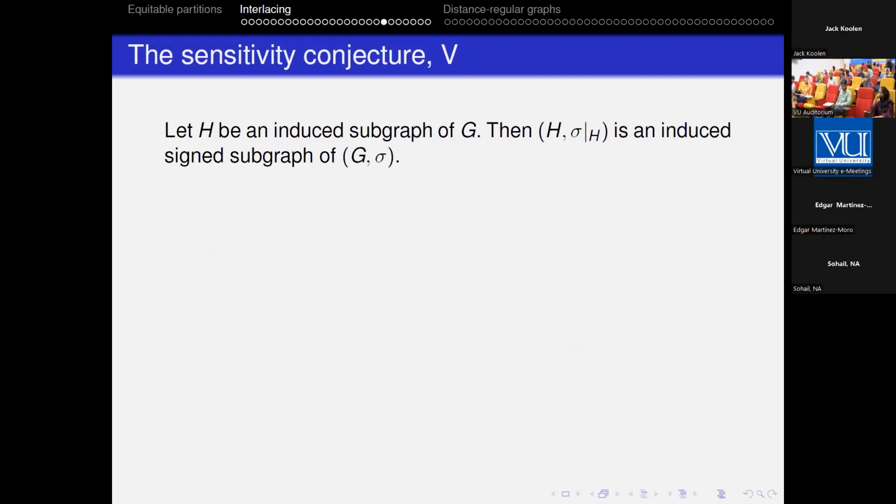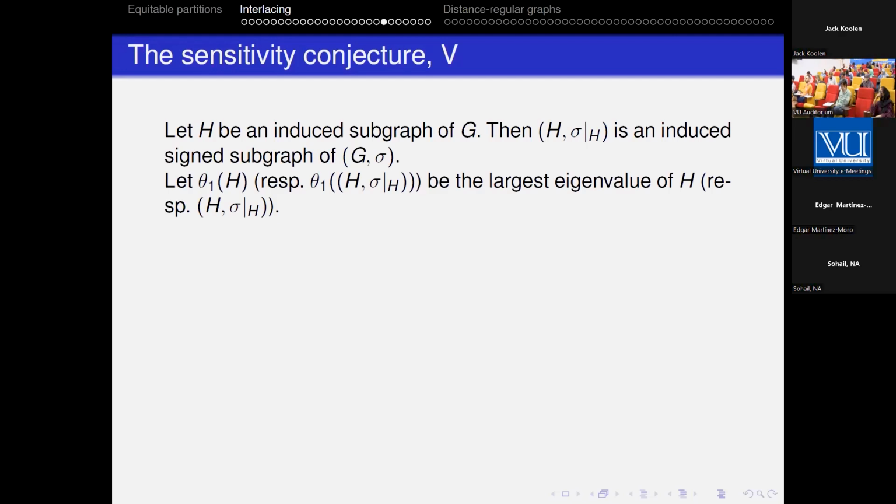So if we have an induced subgraph H, then the induced signed subgraph is when we restrict sigma to the edges of H. If we restrict the signing to H, then that we call the induced signed subgraph of sigma.